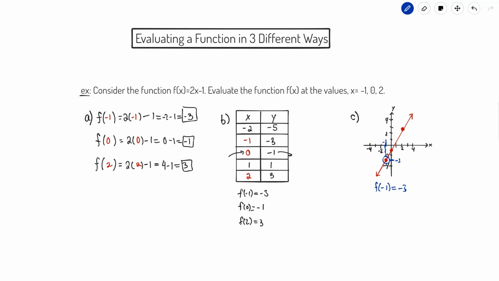And for those of you wondering why I keep interchangeably using f of x and y, and f of some number and y, and so on, it's because, of course, we should always know, no matter what math class we're in, that y and f of x represent the same thing. They represent our equation rule.